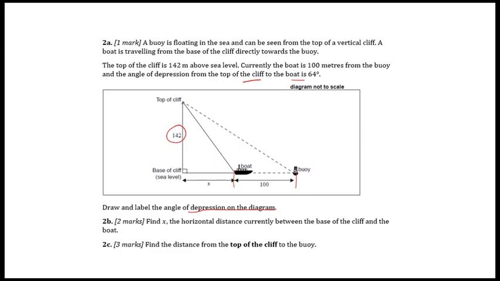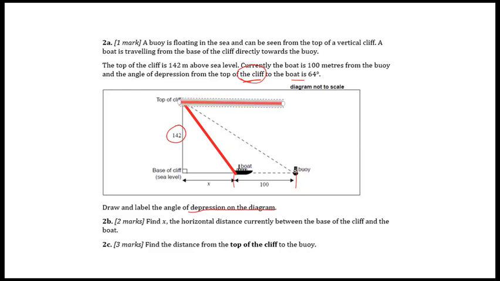So we connect cliff and a boat, this line. Then you need to draw the horizontal line. The horizontal line will be from the cliff, so passing through the cliff, that will be this horizontal line.